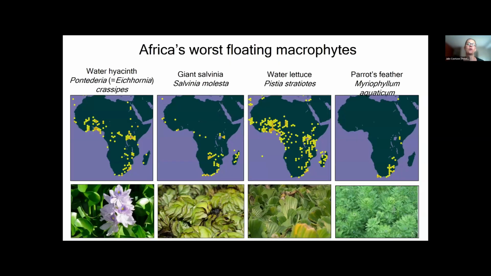Now, here are some maps of Africa showing Africa's worst floating aquatic macrophytes. A macrophyte is just the term for an aquatic plant. The four worst in Africa are, by far, the number one is water hyacinth, which you've had quite a bit of discussion around; giant salvinia or Salvinia molesta, which, as we'll see soon, is a big problem in the Okavango Delta, as well as other areas throughout Africa; water lettuce or Pistia stratiotes; and parrot feather, Myriophyllum aquaticum.